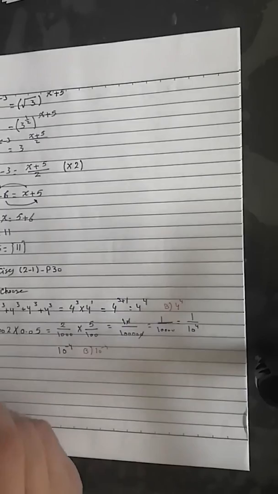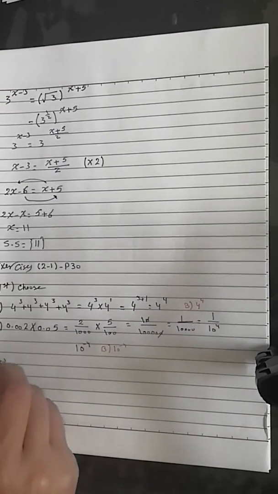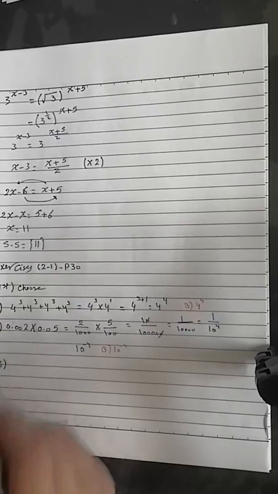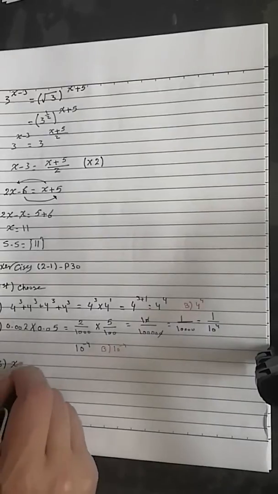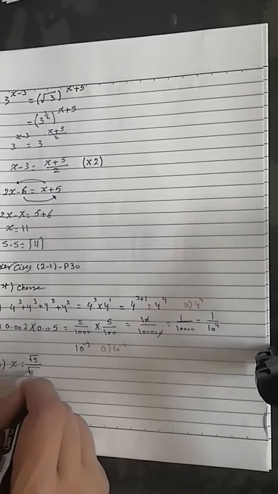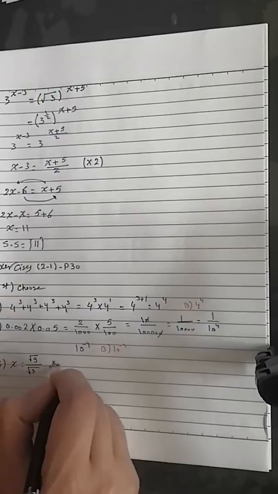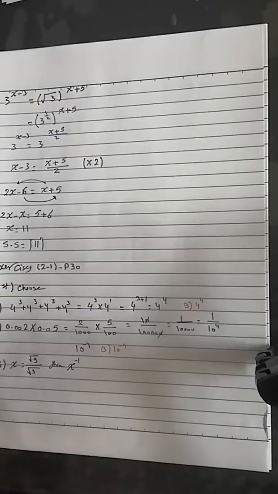Number 3, x equals root 9 over root 3. Then x to the power of negative 1 means that I need the reciprocal of root 9 over root 3.